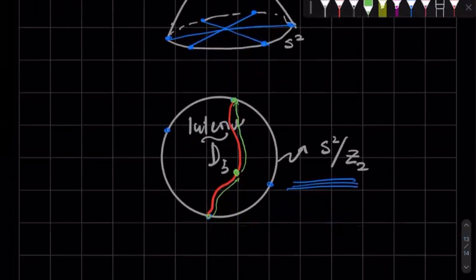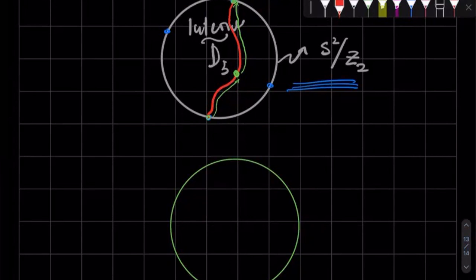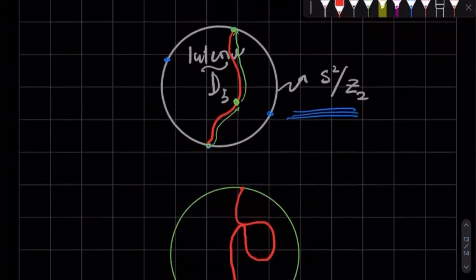So if you want to shrink this, what can we do? We can pinch it off, but then we just have a self-intersecting curve. We still have a portion which is not getting smaller.